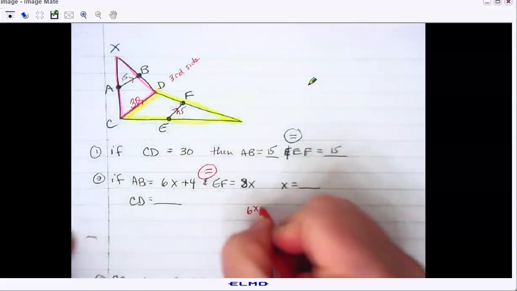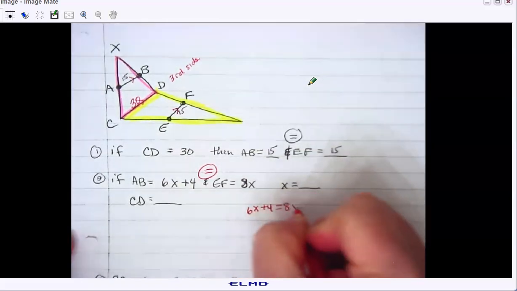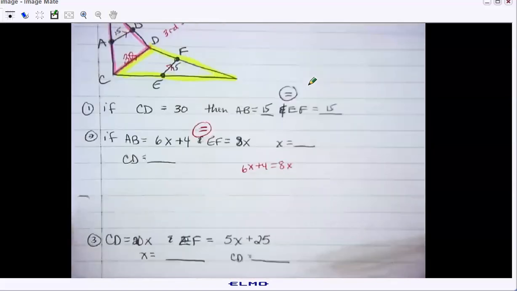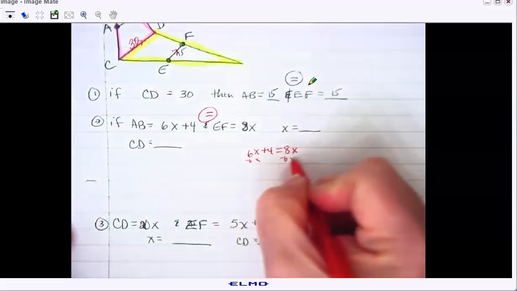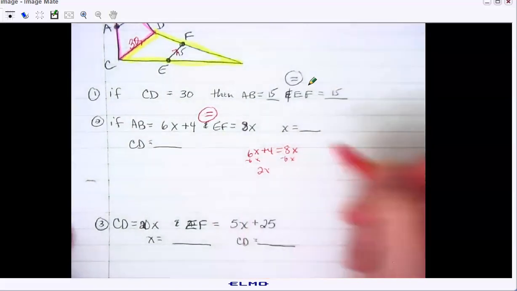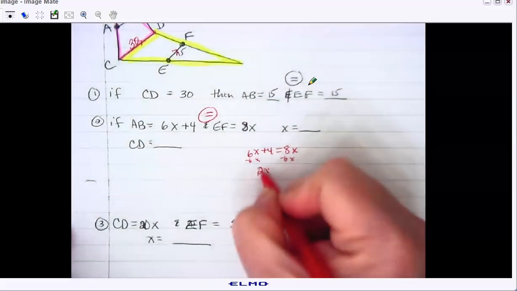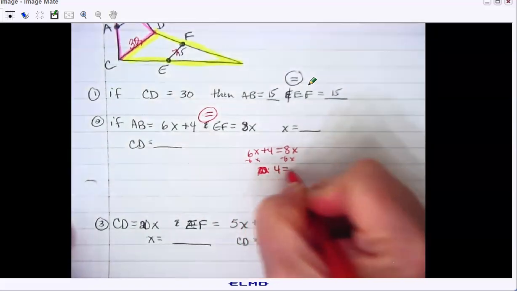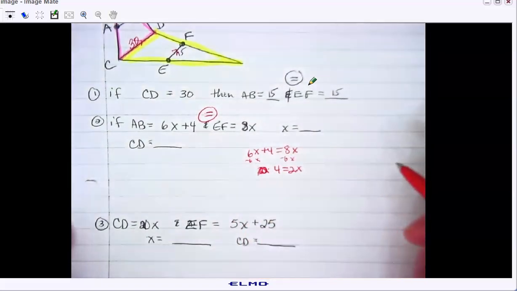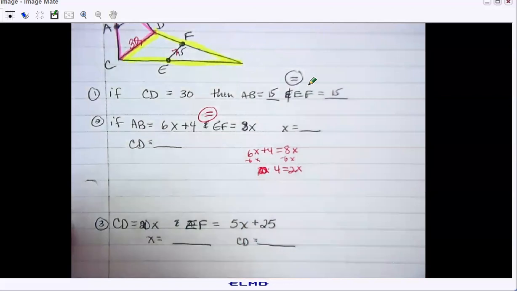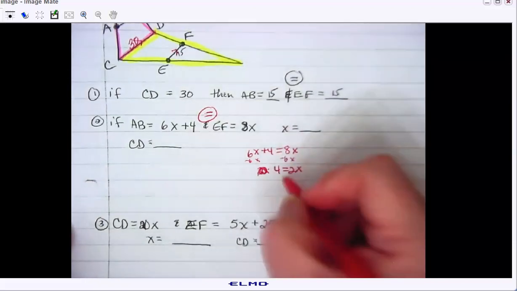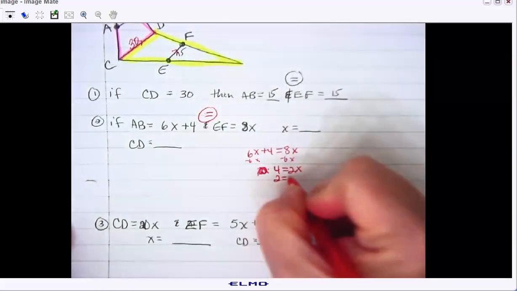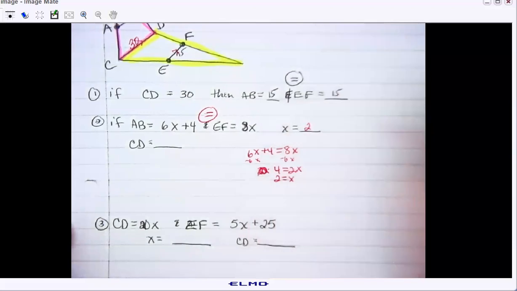So 6x plus 4 is equal to 8x. And then we're going to subtract 6x on both sides. So 2x. 4 is equal to 2x. And divided by 2, we get 2 equals x. So x equals 2.